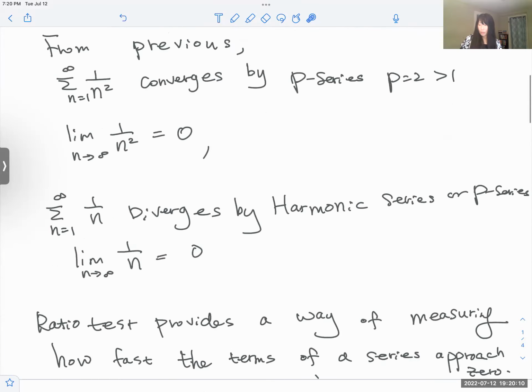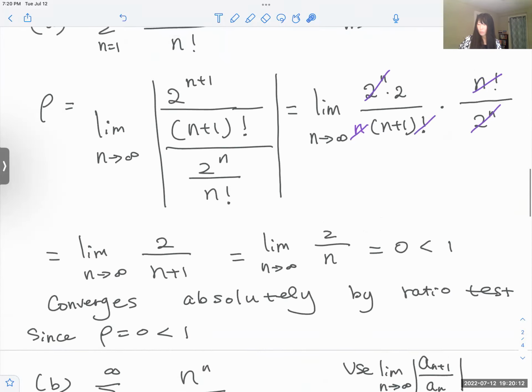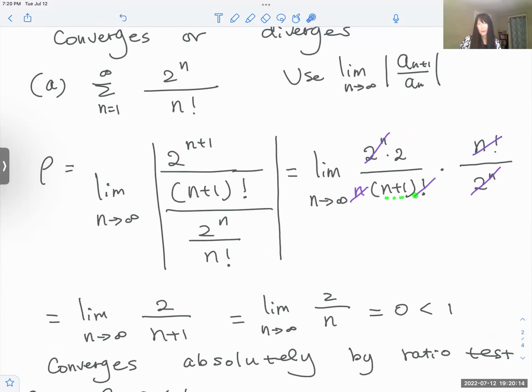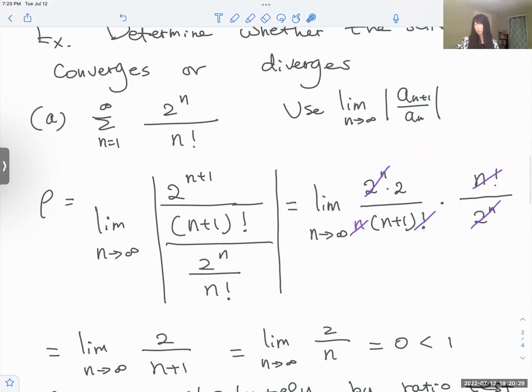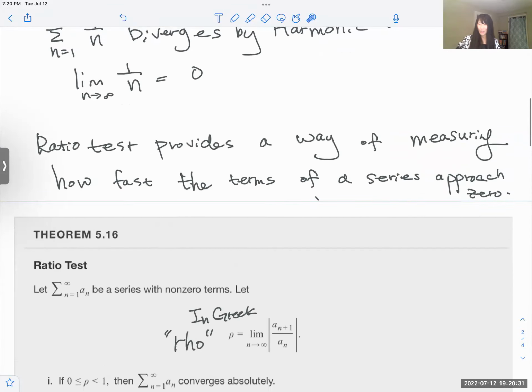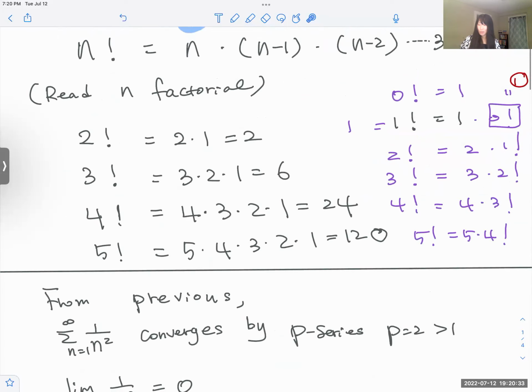So we have n plus 1 factorial. We have to have an n plus 1, then we have n factorial. In other words, look, we have 5 factorial.